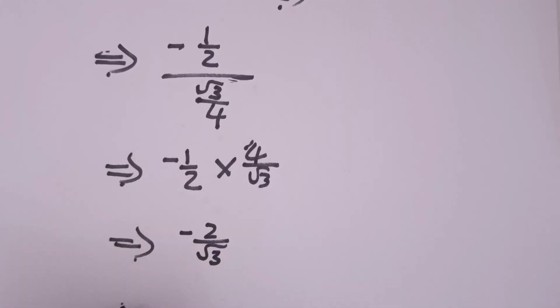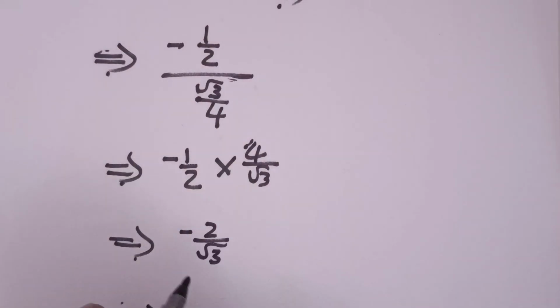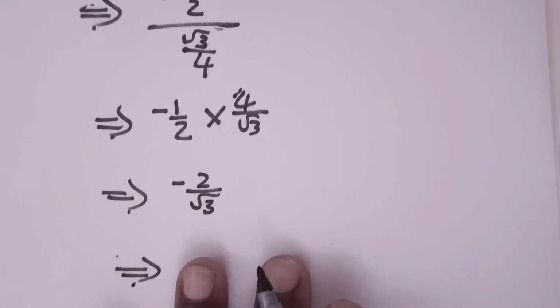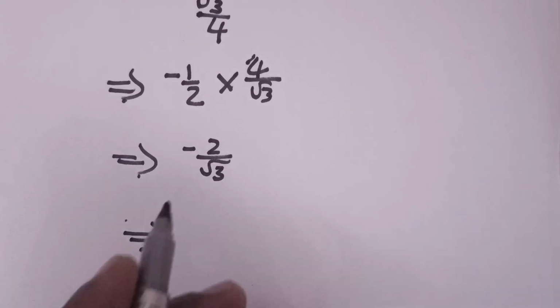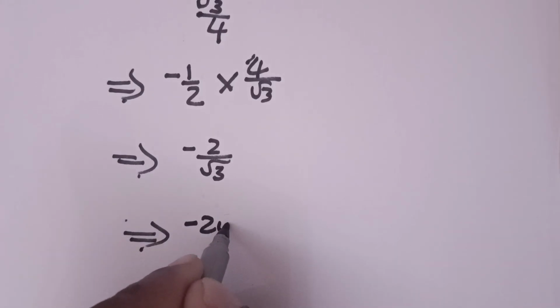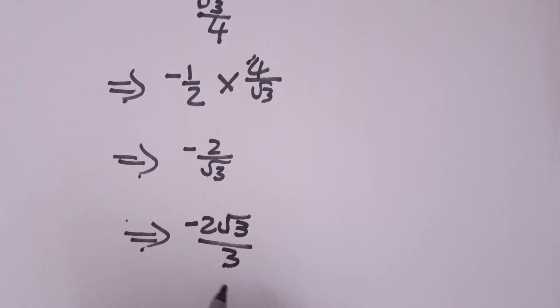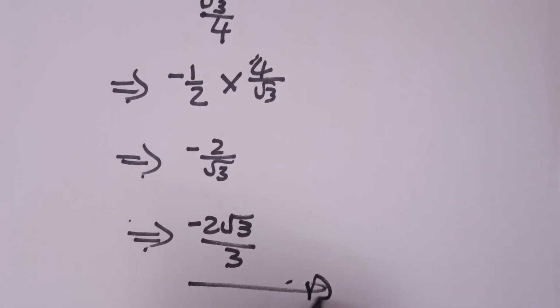Ladies and gentlemen, this is not rationalized. If you rationalize it, it is minus 2 root 3 over 3. And that is the answer to this.